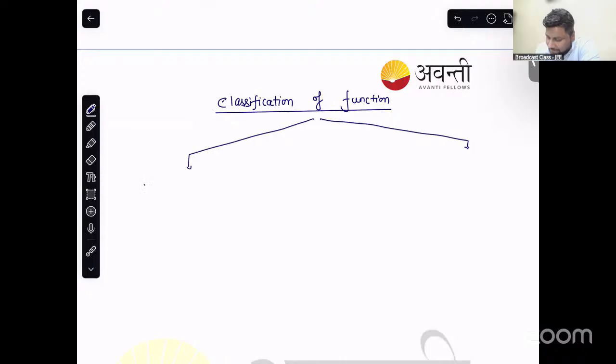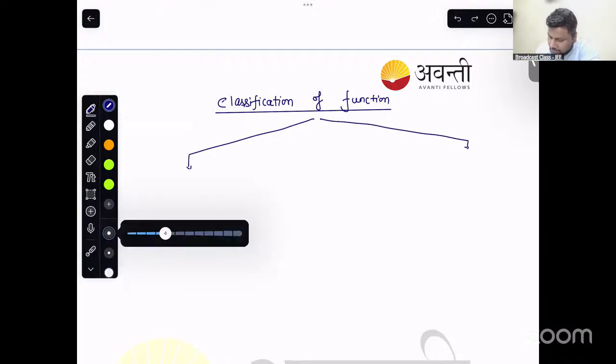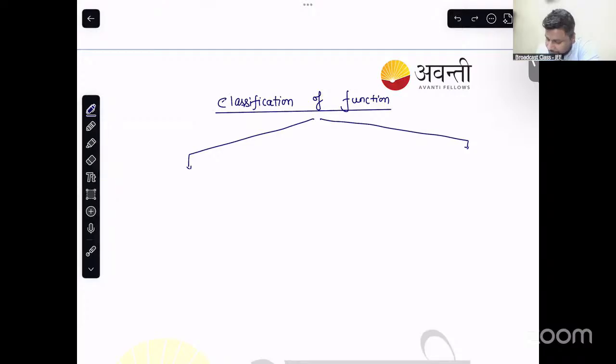A function can be one-one or many-one. Then a function can be onto or into. These are two definitions: one-one, many-one, and onto, into.